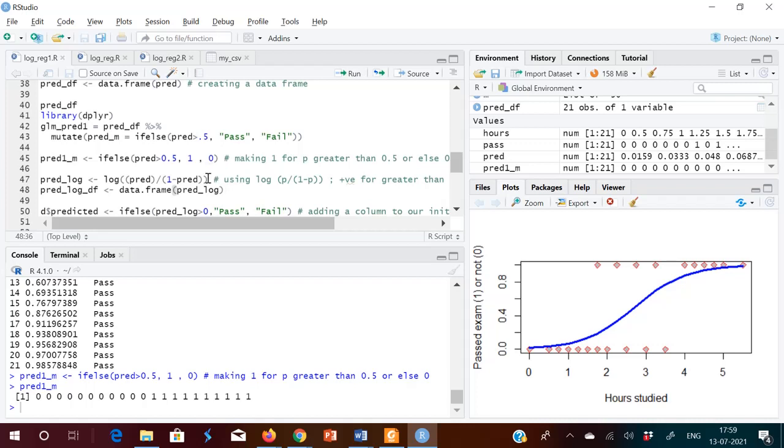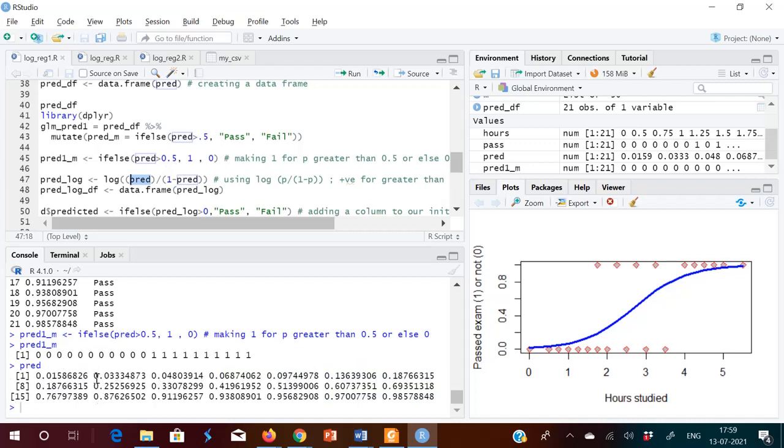So here I am using log of p by 1 minus p. This PRED has probability values, so I am taking PRED divided by 1 minus PRED, taking the log, and storing that in one variable, PRED underscore log.